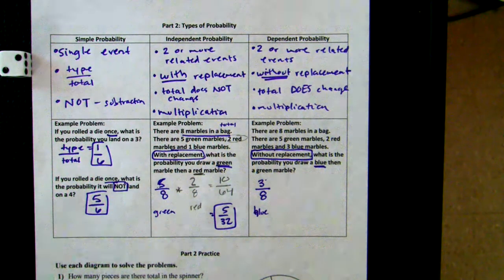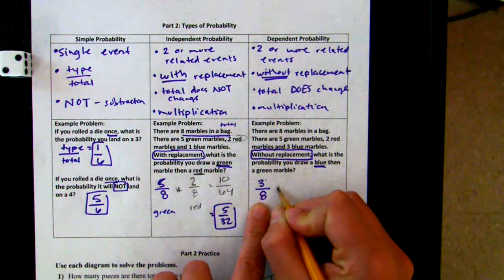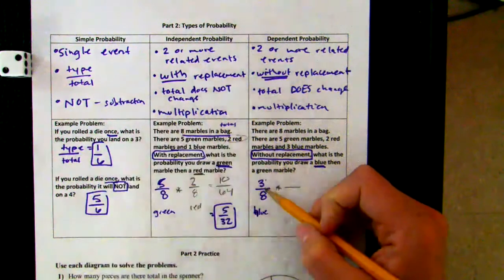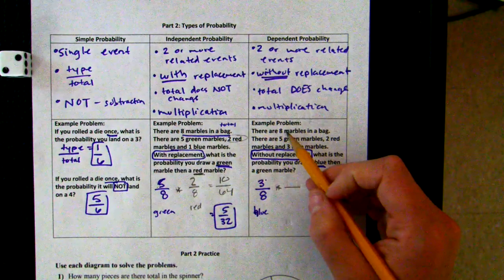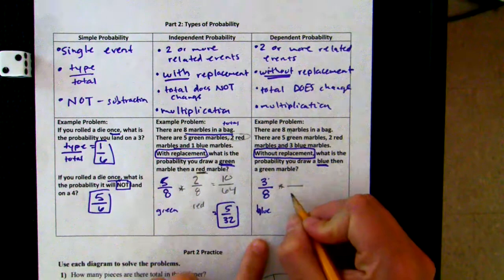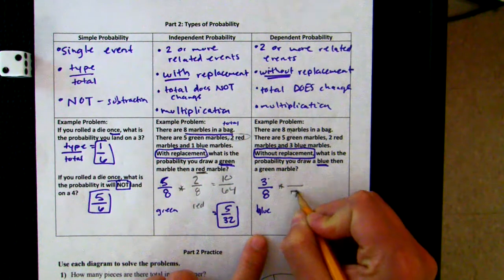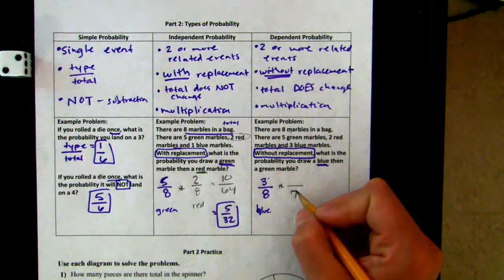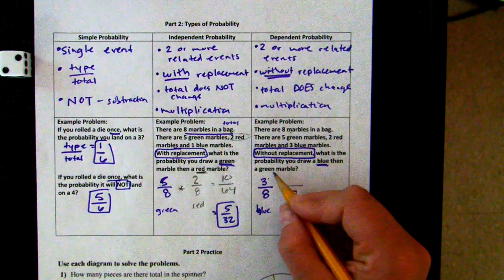I know they're related events, so I'm going to multiply them here. I took out 1 blue marble. If I had 8 marbles and I took away 1 blue one, my new total is going to be 7. There is now 1 less marble in the bag. Now how many green marbles do I have left over?